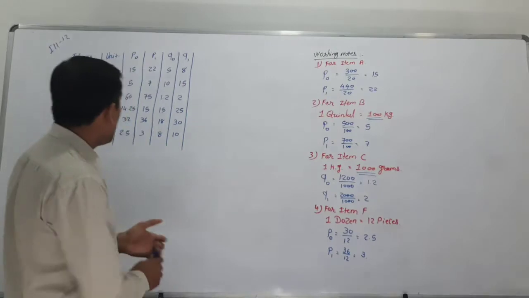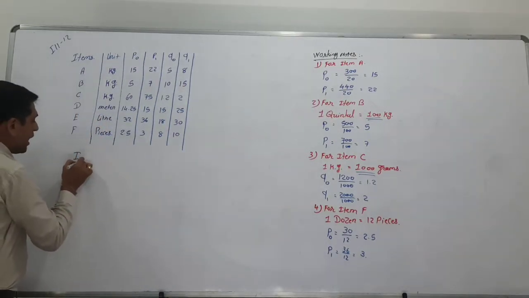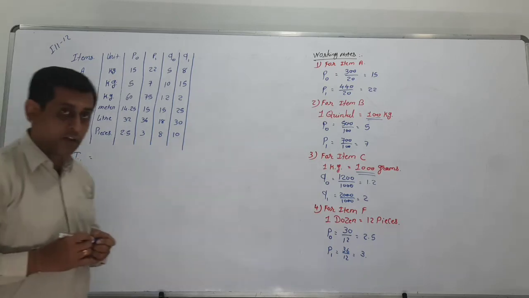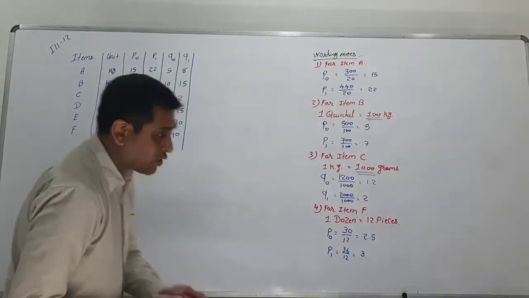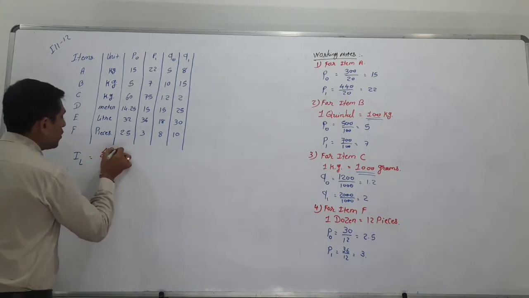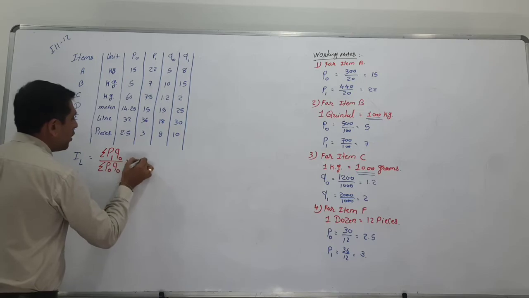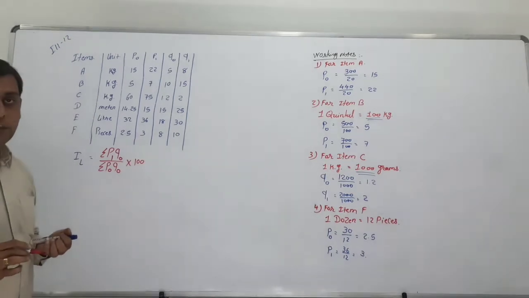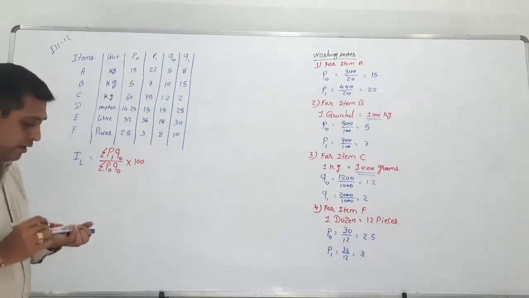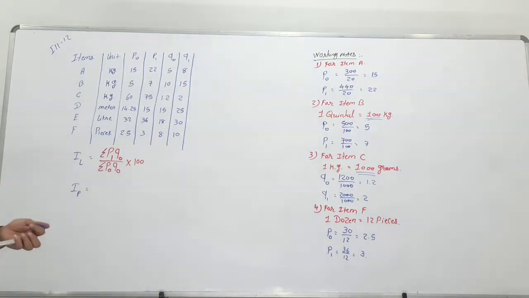Okay, so now I am multiplying for that. What is the formula for IL? That is, as I told you, sigma P1 Q0 upon sigma P0 Q0 into 100. This is the formula for IL. Now what is the formula for IP? After Laspeyres we have to find out Paasche.